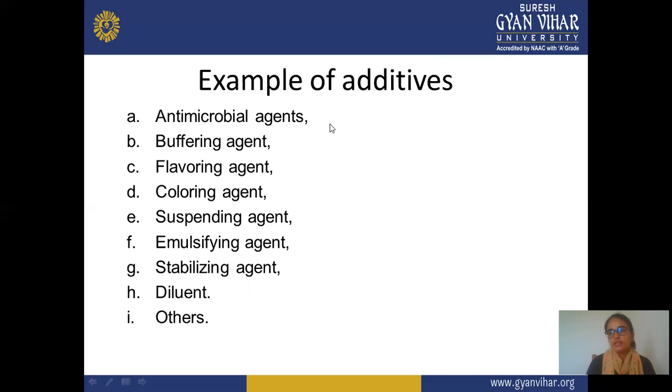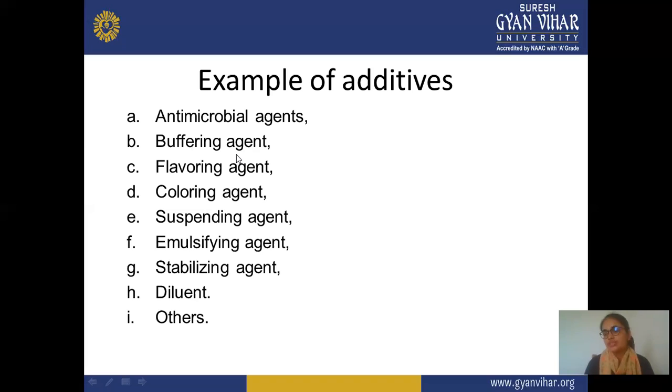Buffering agents are not necessary for all types of liquid formulations. It depends on the type of formulation and is limited to some formulations. If you formulate your liquid dosage form at a specific or desired pH, it shows its effect at a particular site, and according to the site a particular pH is required. If your formulation doesn't have that pH, you adjust the pH with the help of some buffering agent or excipients. This is known as a buffering agent.